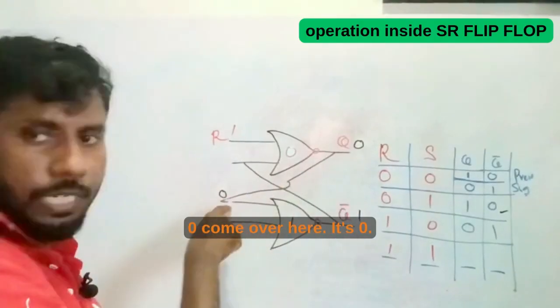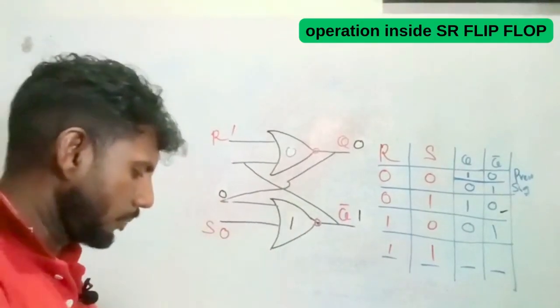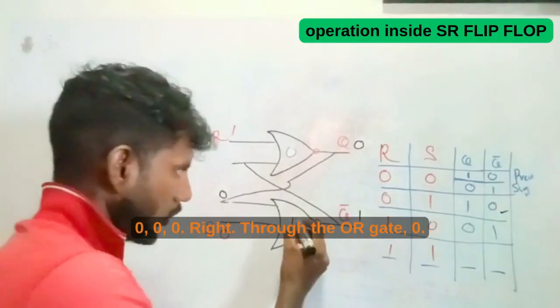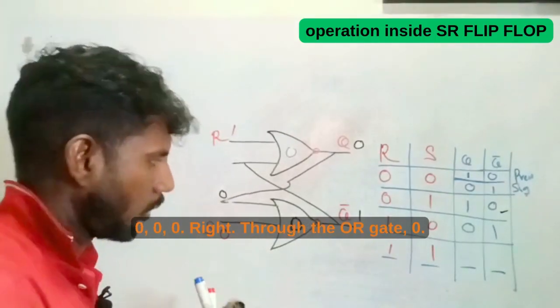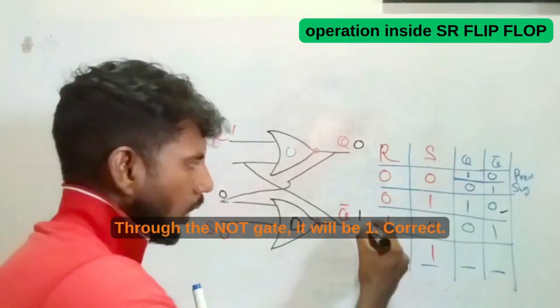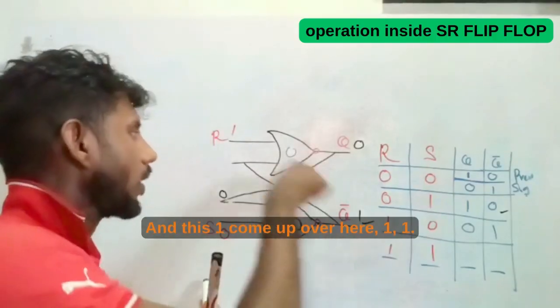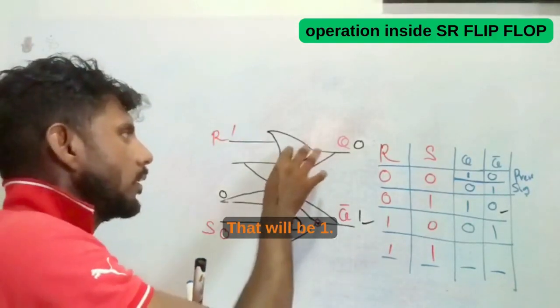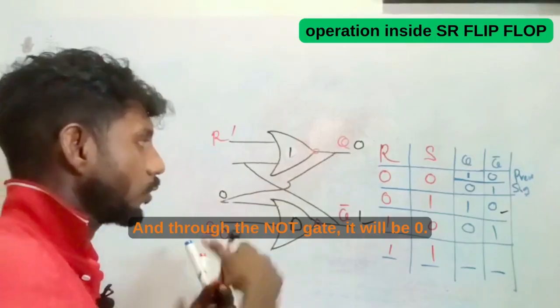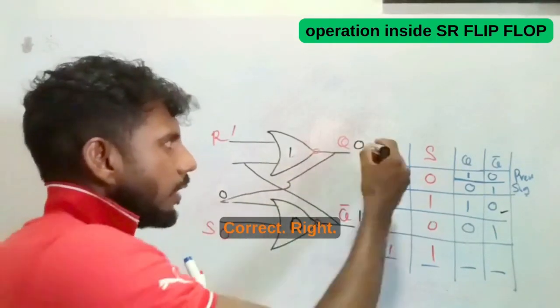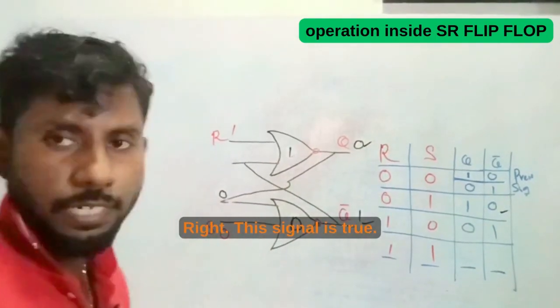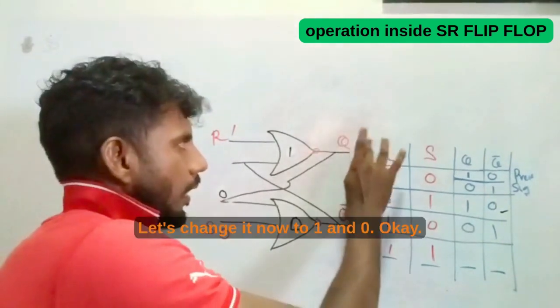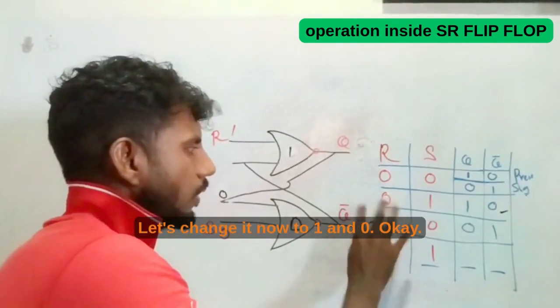Let's check whether this is possible or not. 0 comes over here, it's 0, 0, 0, right? Through the OR gate, 0. Through the NOT gate, it will be 1, correct. And this 1 comes up over here, 1, 1, that will be 1. And through the NOT gate, it will be 0, correct, right? This signal is true. Let's change it now to 1 and 0.